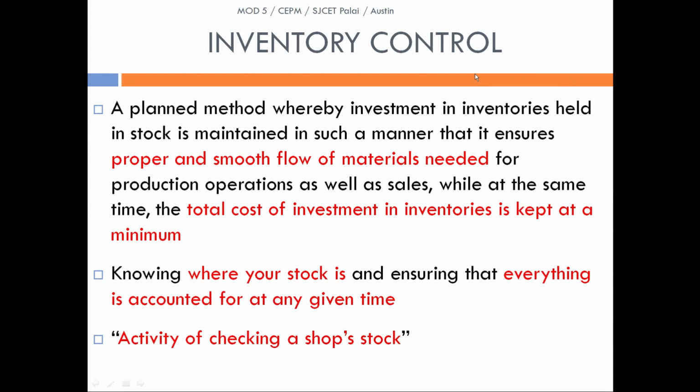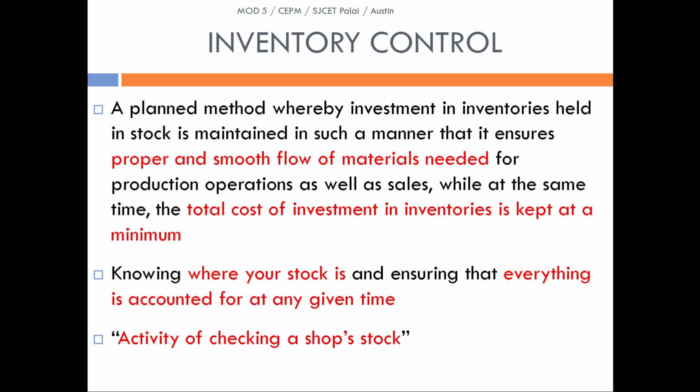In inventory control, as the definition says, it mainly deals with two things. It ensures that a proper and smooth flow of materials is maintained. At the same time, the total cost of investment in inventories is also kept at a minimum. So as part of an organization or a production unit, the company should have a sufficient amount of stock or inventory materials so that its production process does not get interrupted at any point of time.